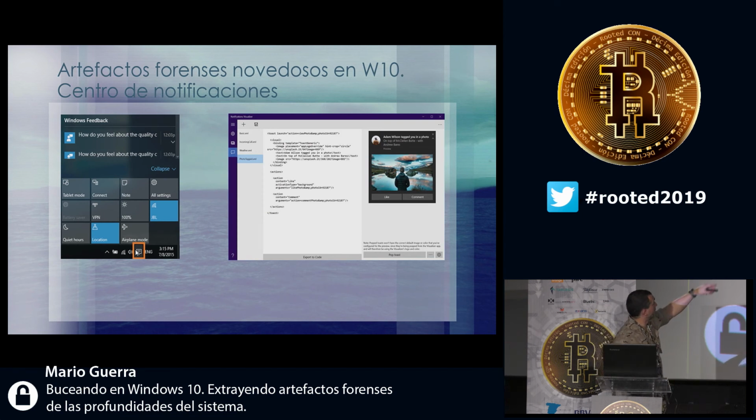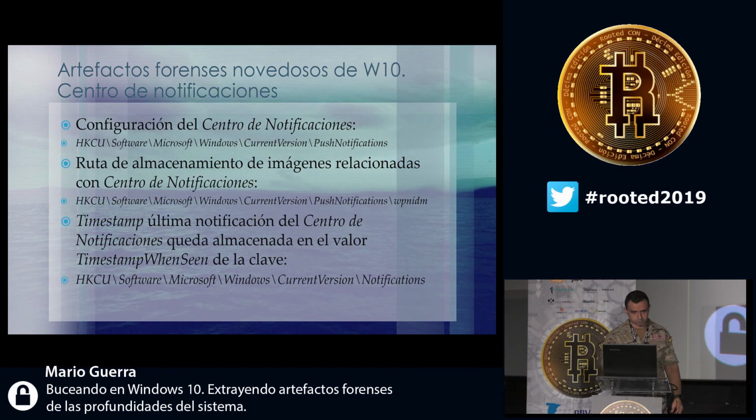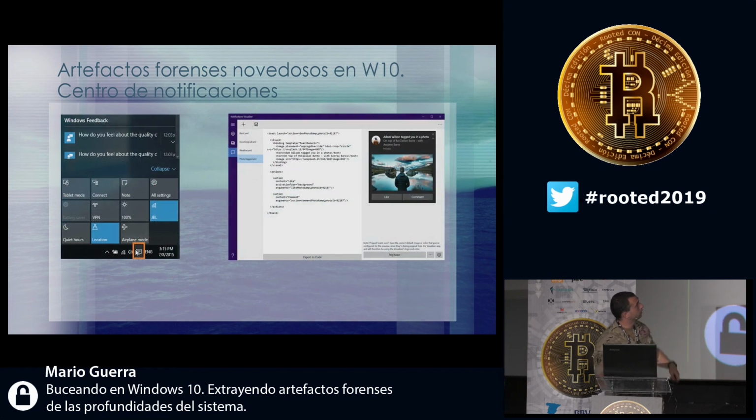There are tools that help us, first of all in an automatic way, with the warnings or the alerts, and this is a way of reading it. These are the registry keys that control the configuration of the center, the route where the connected images are stored.